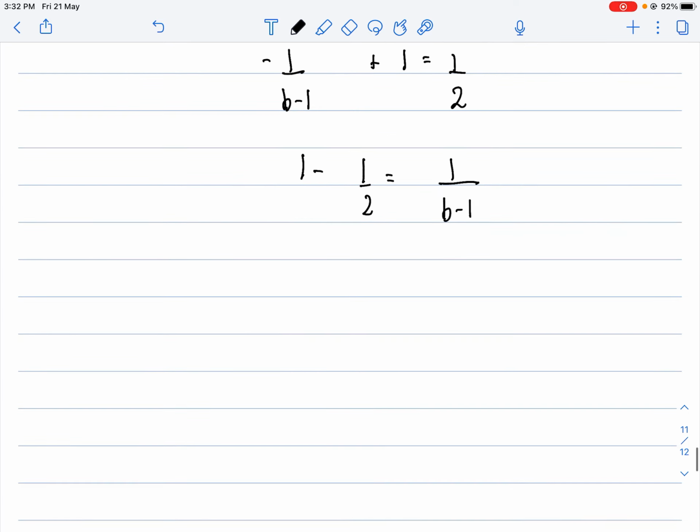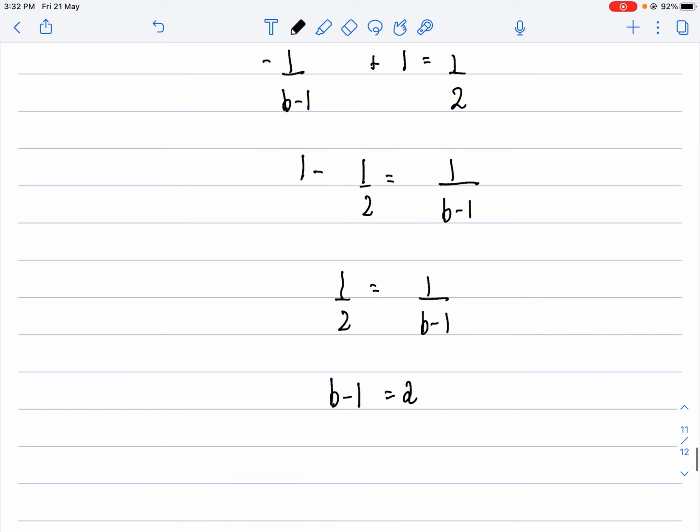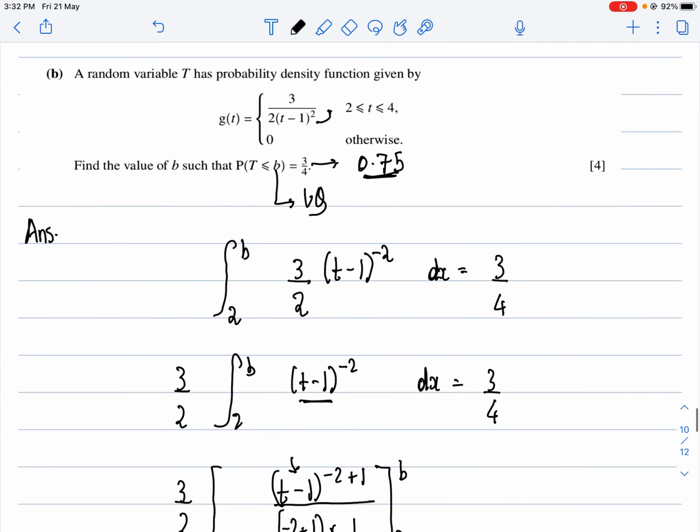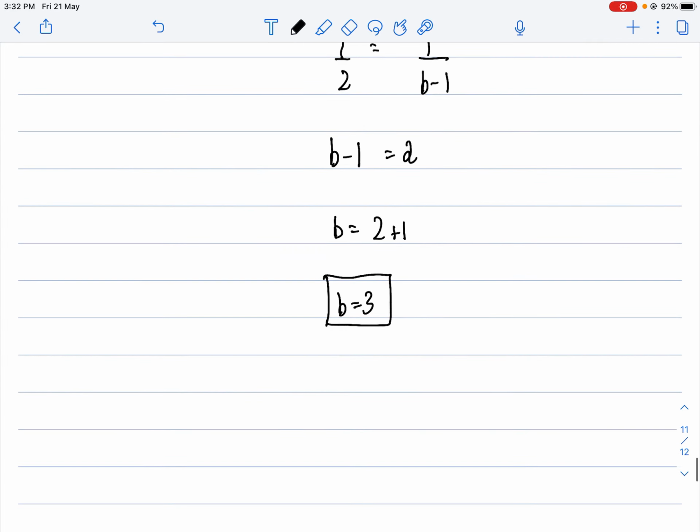So 1 minus half is simply half, which is equal to 1/(b − 1), which can be written as b − 1 equals 2, which gives me my b basically as 2 + 1, which gives me my b as 3, which is the value of b which we needed to find. Okay, simple question.